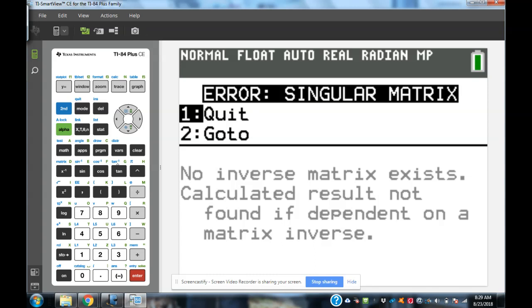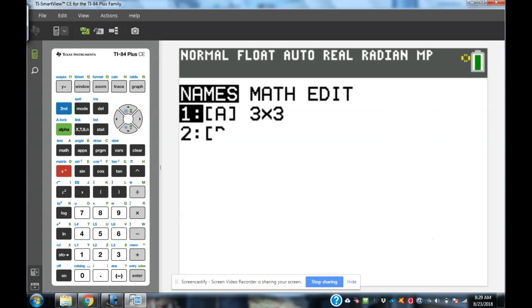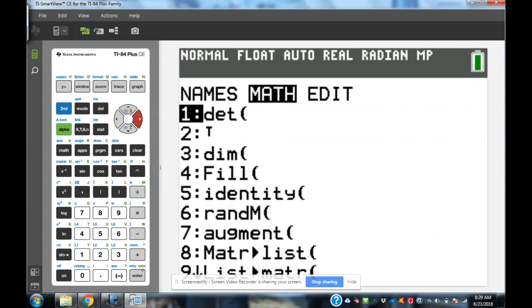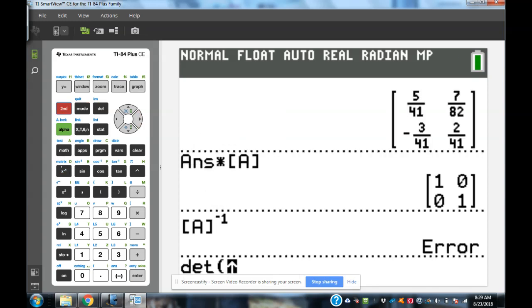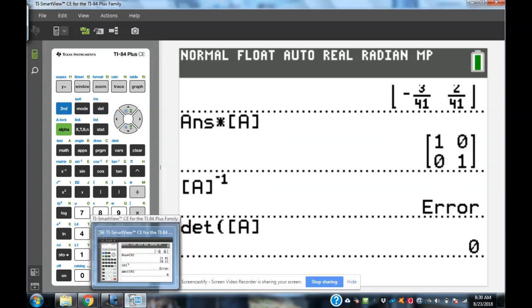Uh-oh. Wonder how come. What could it be? Determinant, matrix A. Oh man, isn't that weird? Most things I do are on purpose.